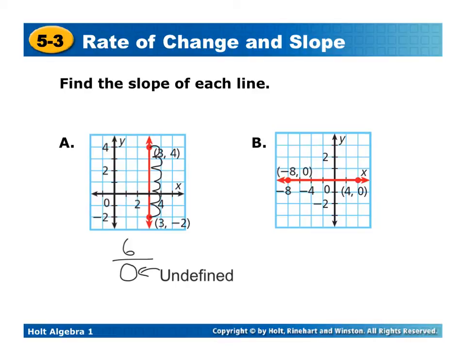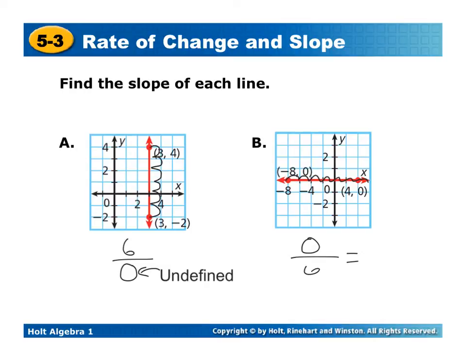Now on the one to the right, my rise is 0 because I'm not moving up or down, and then my run is 1, 2, 3, 4, 5, 6, 7, or maybe just 6. Yeah, it's just 6. But really it doesn't matter because 0 divided by any number is just 0.